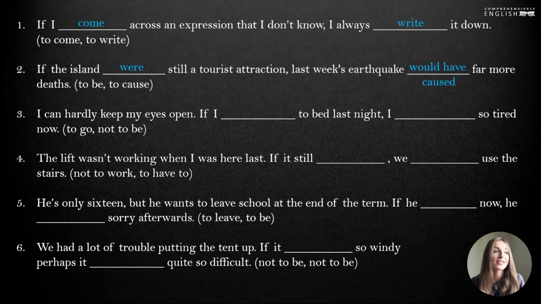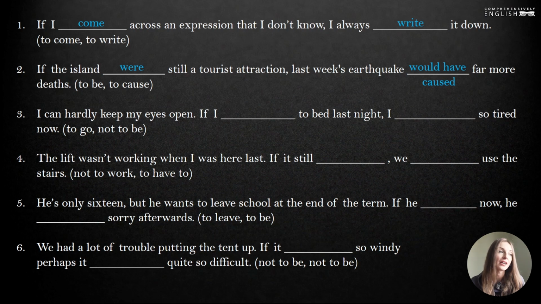So we use the second conditional in the conditional clause: if the island were still a tourist attraction. And what do we have? We have the subjunctive were, and we use would plus the perfect infinitive, that is the analytical subjunctive, in the main clause. So this sentence is what we call a mixed conditional. Our result is in the past, but the condition is in the present and it is unreal.